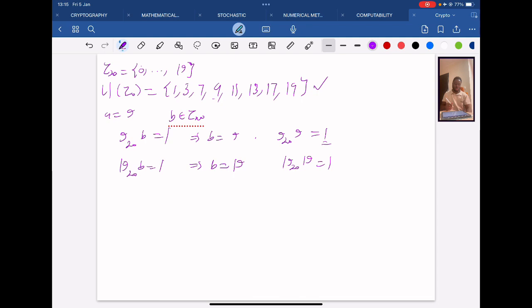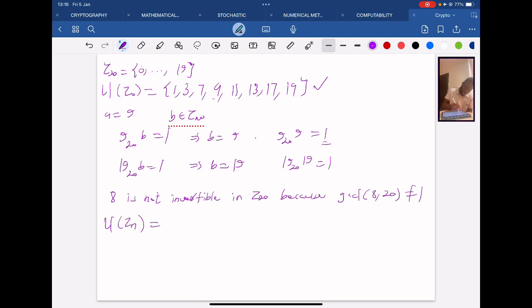Yes. So in this case, 8 is not invertible in Z20 because the GCD of 8 and 20 is not equal to 1. So this is how to find the U of Zn.